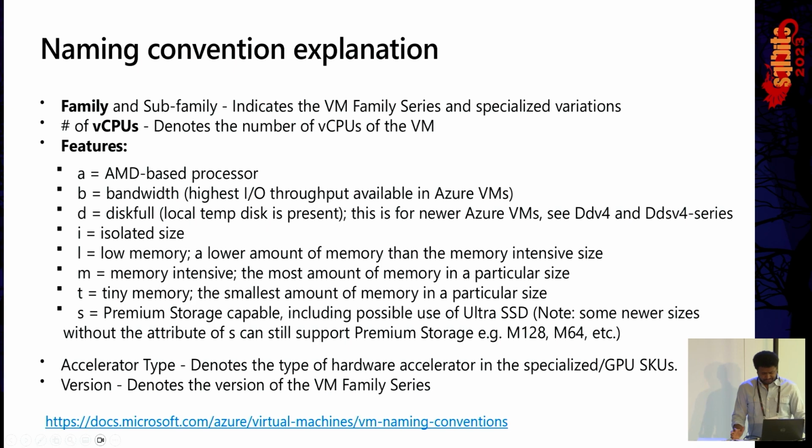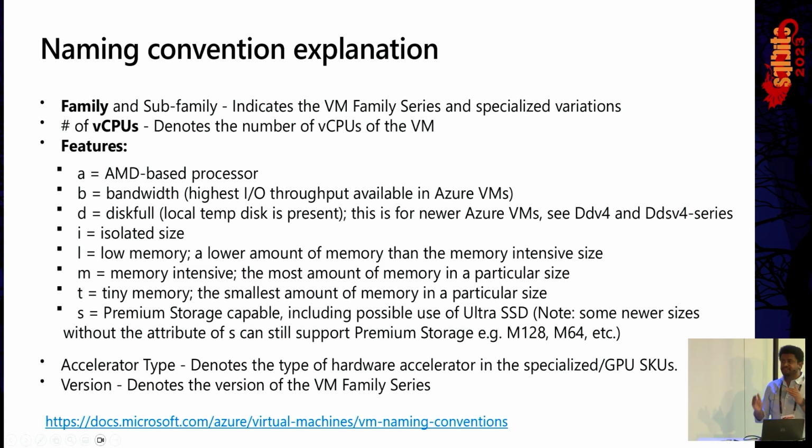First of all, this naming convention has a thing about it. There is a family and a subfamily. There is a family as in, if you are running on E is a family, M is a family, D is a family. And each and every letter that you have in Ebdsv5 has a meaning attached to it.